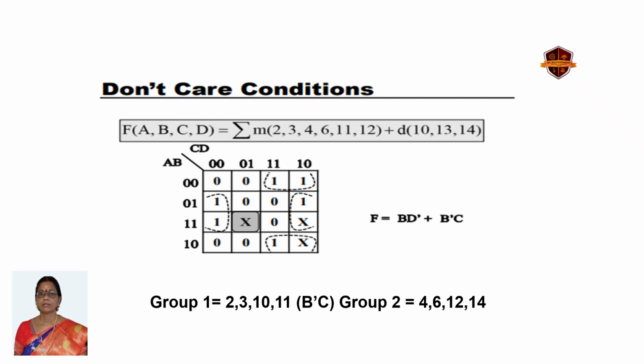Now if you take the row 1110, 1 corresponds to C, and 0010 corresponds to B bar, so it is B bar C. Hence group 1 is B bar C and group 2 is B D bar. Thus it is reduced by considering the don't care conditions.